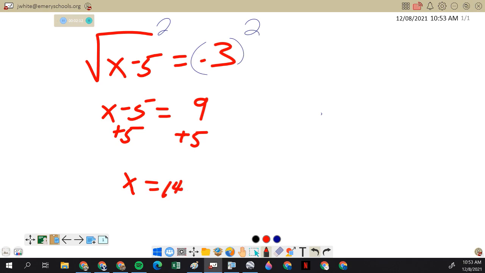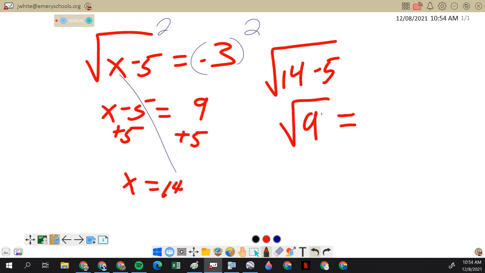But something's wrong with this. Let's plug 14 back in and see what happens. So I get the square root of 14 minus 5, which is the square root of 9, which is 3.